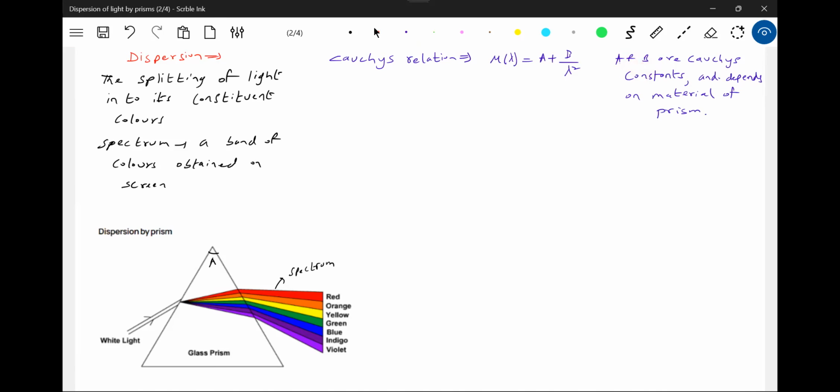Usually we took mu for glass as around 1.5. Is it really 1.5? No, it is 1.5 for the yellow color wavelength. For a different wavelength, the mu of the material will be different. So there is one basic condition which we have to accept and move forward. What is mu? Mu is the refractive index.